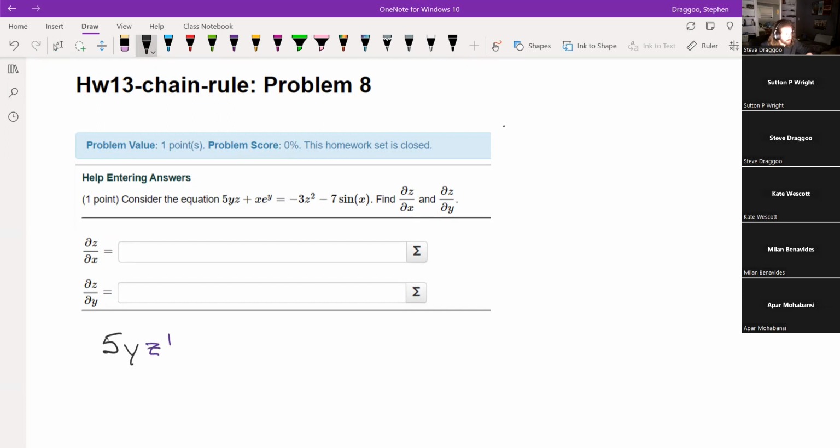Because again, I have to treat z like it's a function of x, plus, this will just be e to the y, because the derivative of x is 1. It is equal to, on the other side, negative 6z times z prime minus 7 cosine x.